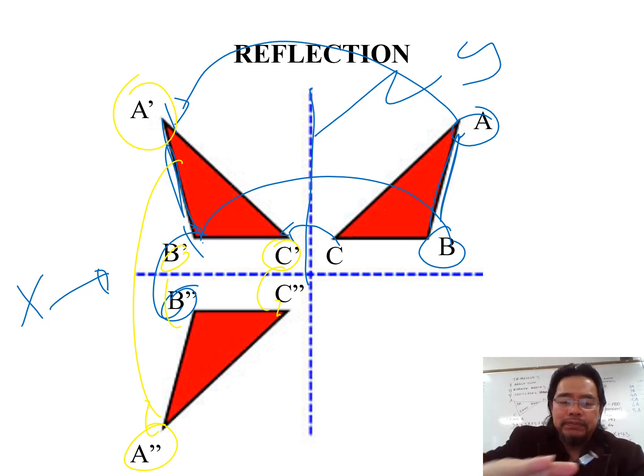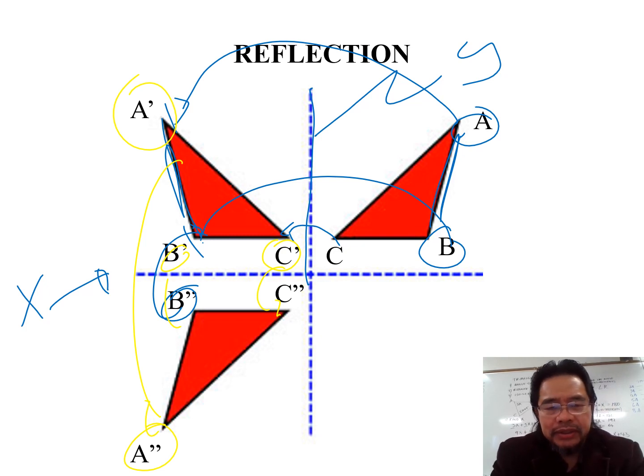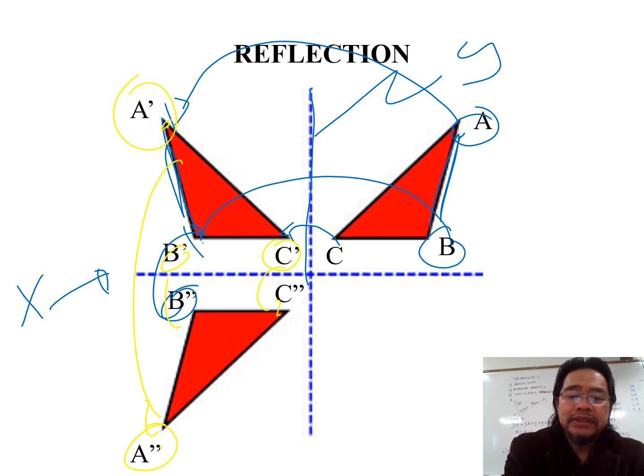So it flips over. See, it changes the direction. So the tip here becomes the lowest point. The highest point becomes the lowest point below. Okay? The rightmost becomes the leftmost.